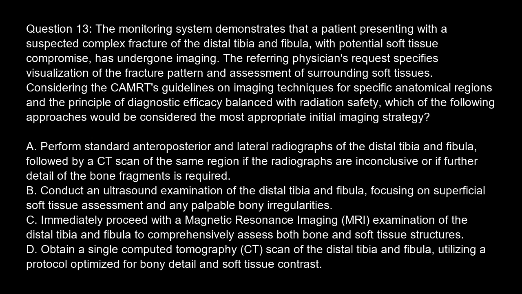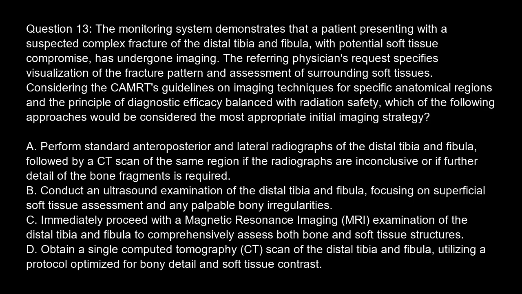Option A. Perform standard anterior-posterior and lateral radiographs of the distal tibia and fibula, followed by a CT scan of the same region if the radiographs are inconclusive or if further detail of the bone fragments is required. Option B. Conduct an ultrasound examination of the distal tibia and fibula, focusing on superficial soft tissue assessment and any palpable bony irregularities.